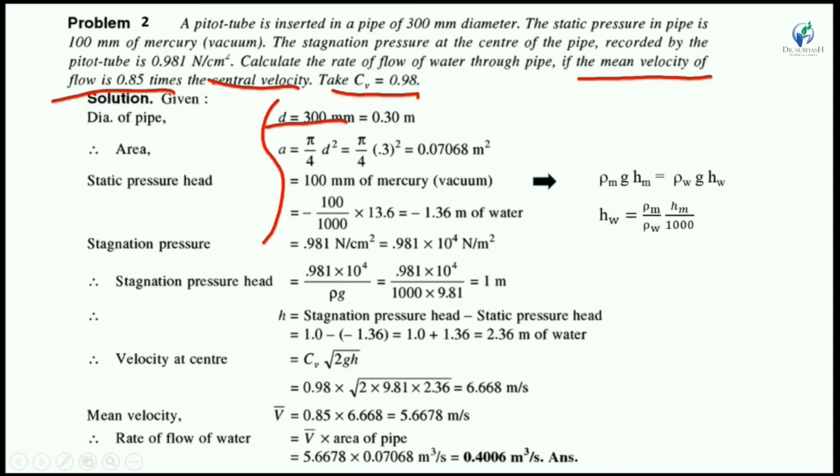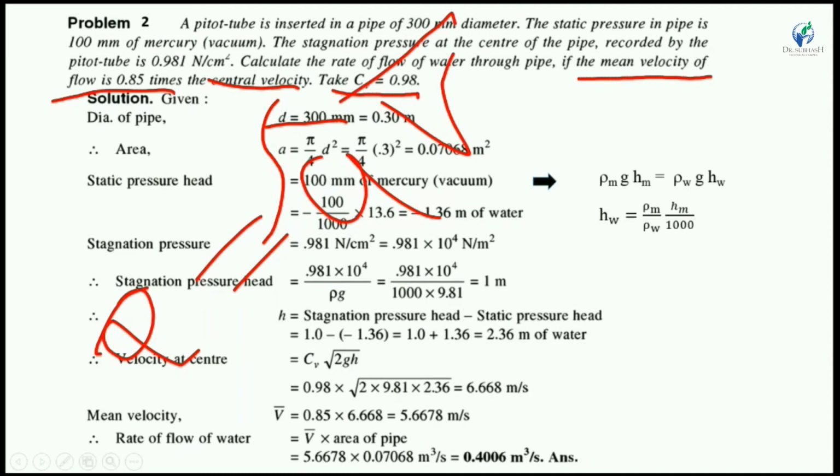D, the diameter of the pipe, is given as 300 mm, so we find the cross-section area of the pipe. Finally, we have to find the rate of flow, meaning the discharge Q, and we know the equation of discharge: Q equals A V. Here V is the mean velocity.